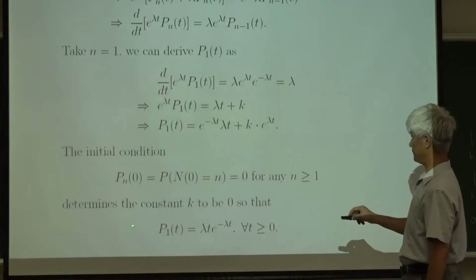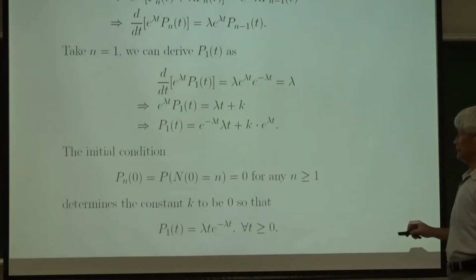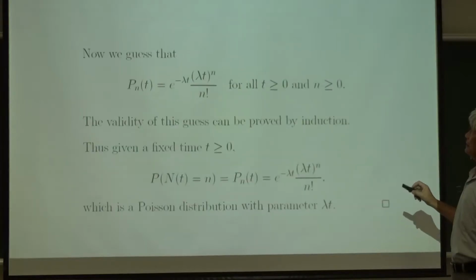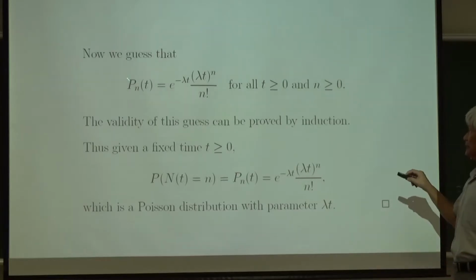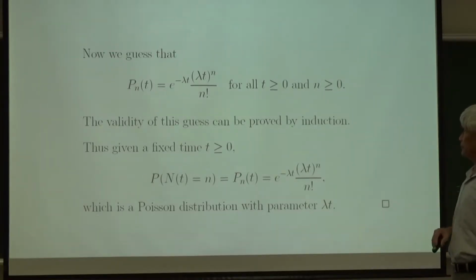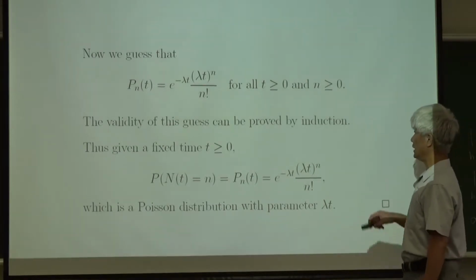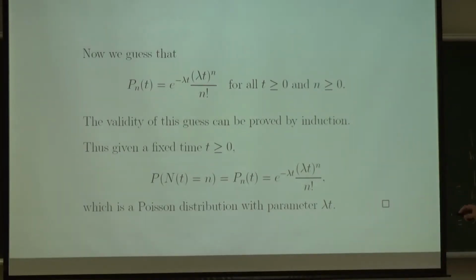So now we have that, and then we can guess that the solution should be a function like this one. From P0 and Q1(t) we guess this one, and this can be proved by induction. The proof by induction is quite easy.